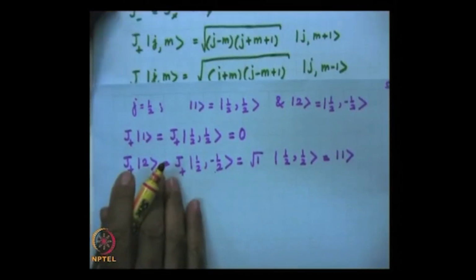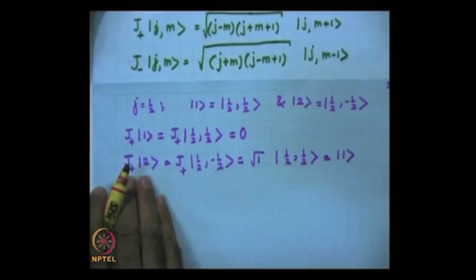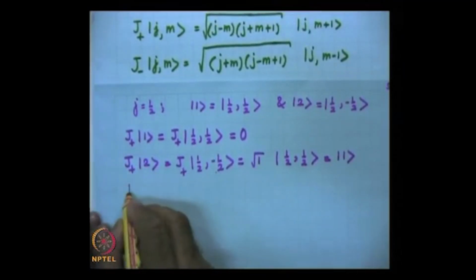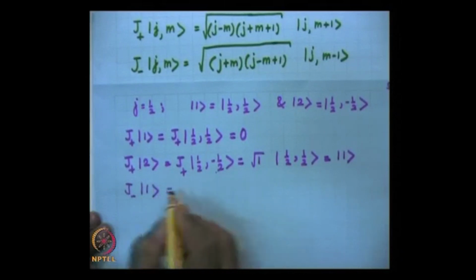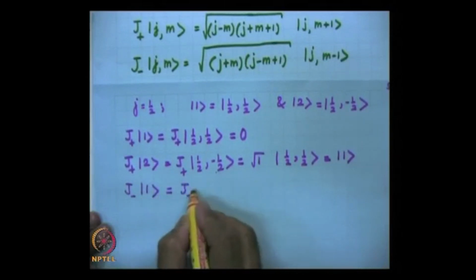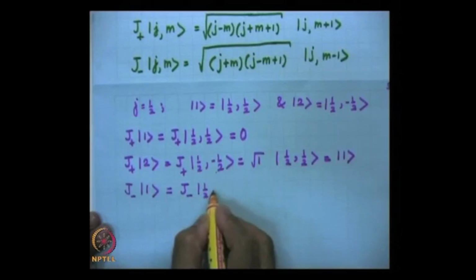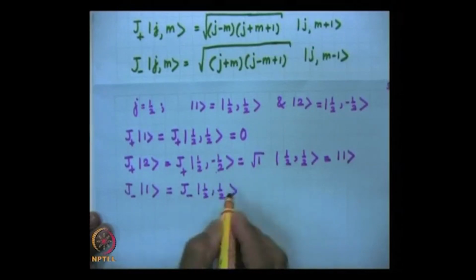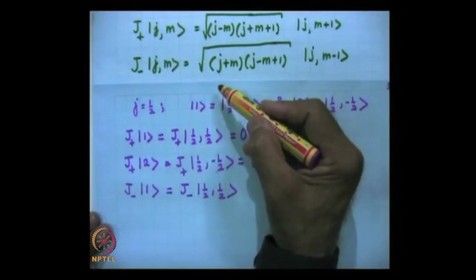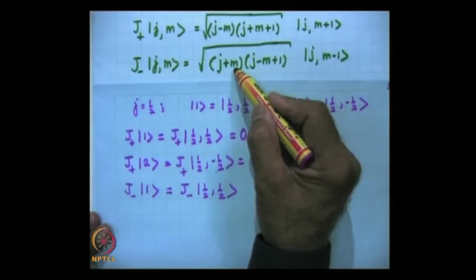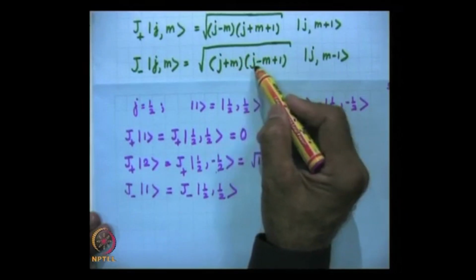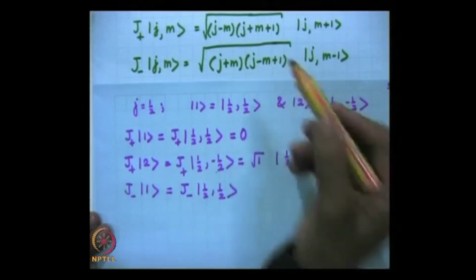Similarly, let me look at the other. So, J minus ket 1 will be equal to J minus ket half. So, this will be half plus half, that is 1, half minus half plus 1, that is also 1.